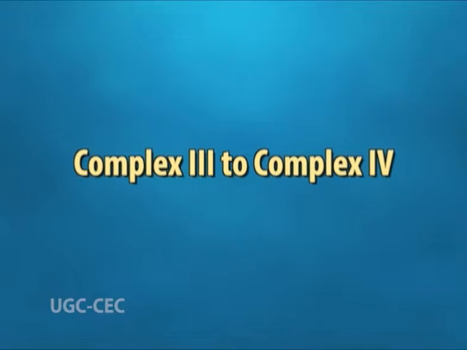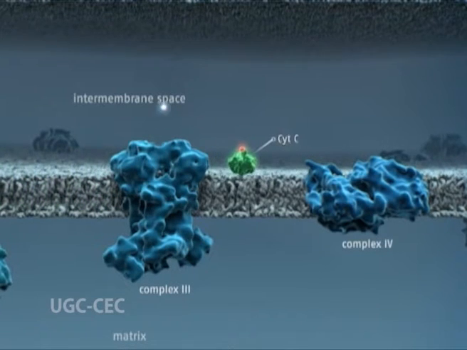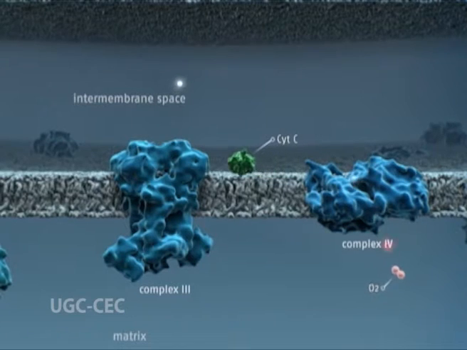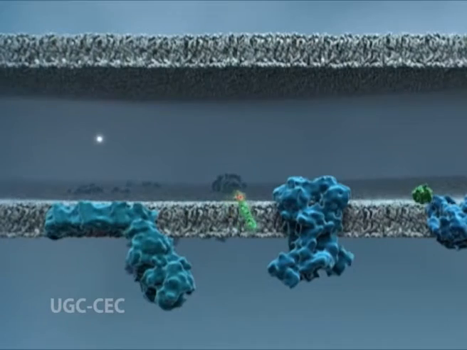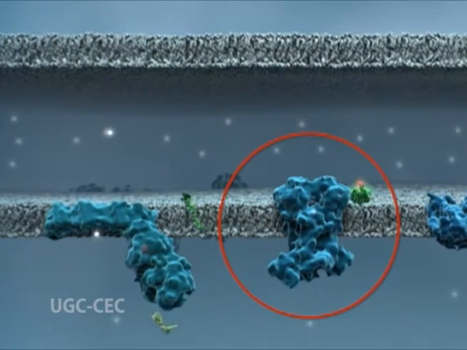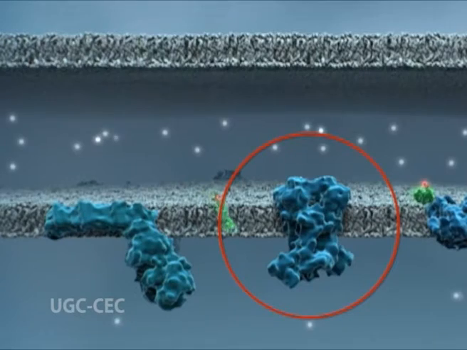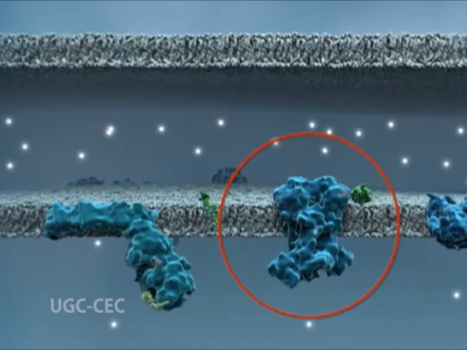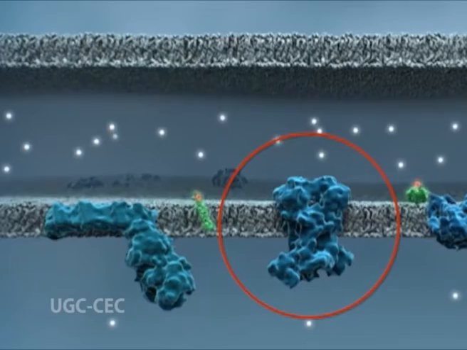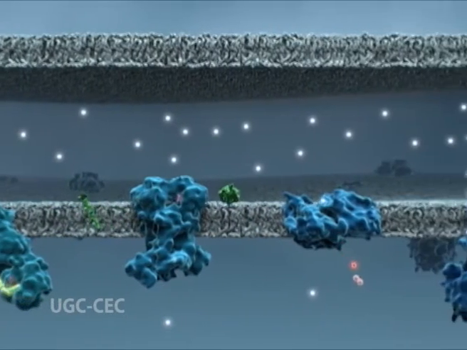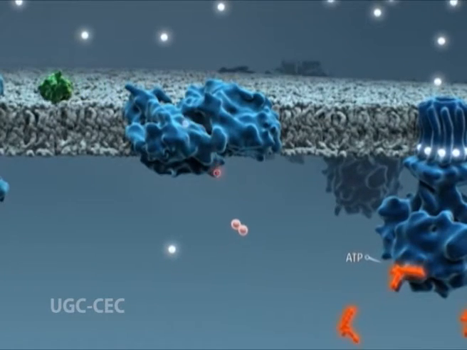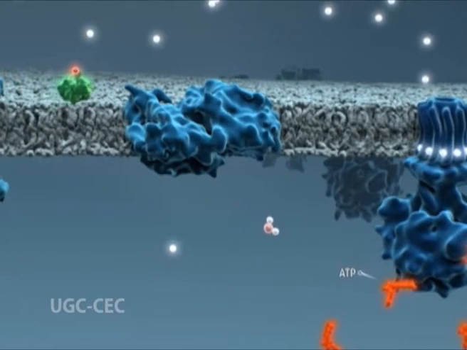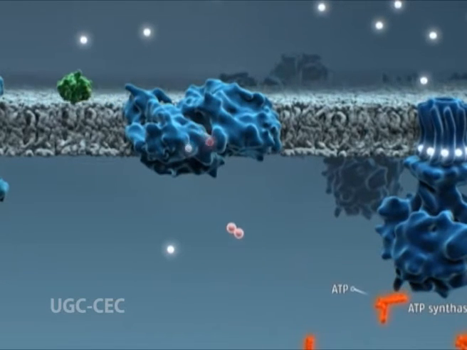Now the complex 3 to complex 4. Cytochrome C is a peripheral membrane protein, loosely bound to the inner mitochondrial membrane. It first binds to cytochrome BC1, which is complex 3, and accepts an electron from cytochrome C1 and transfers this electron to the next complex in the chain, cytochrome C oxidase, which is complex 4.